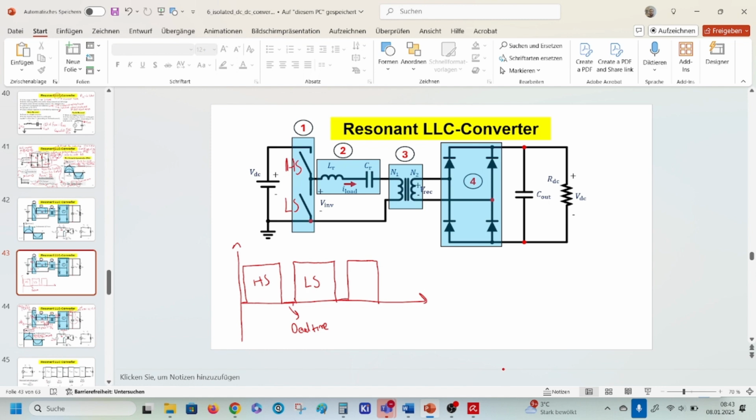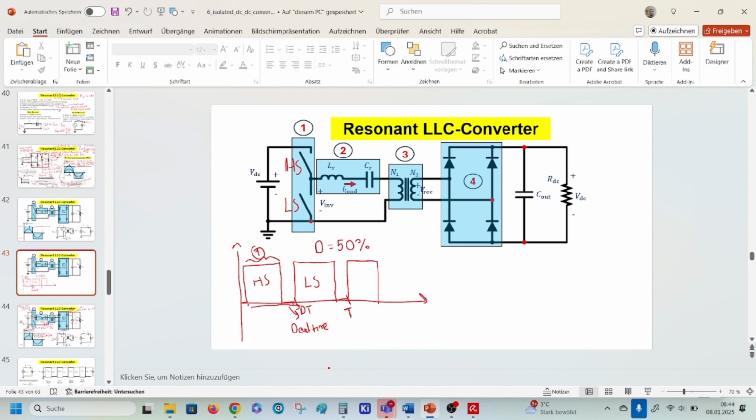And we said that we should generally use a duty cycle of 50%, and this would be from here, let's say DT, and this would be T. What happens during this phase?